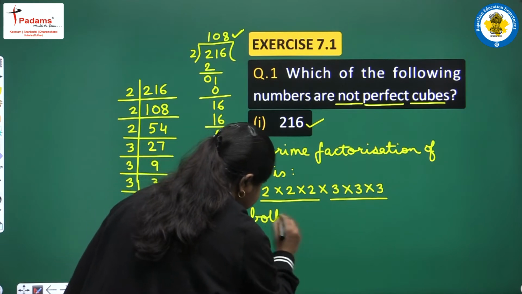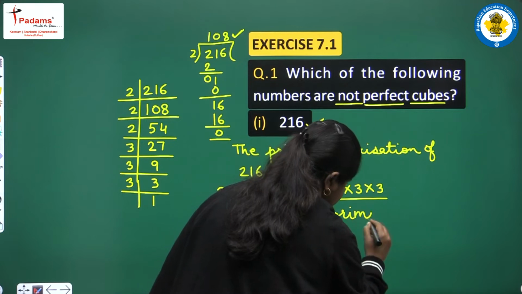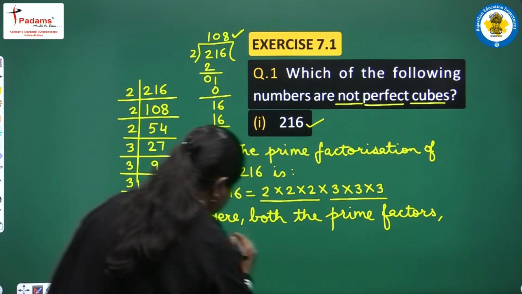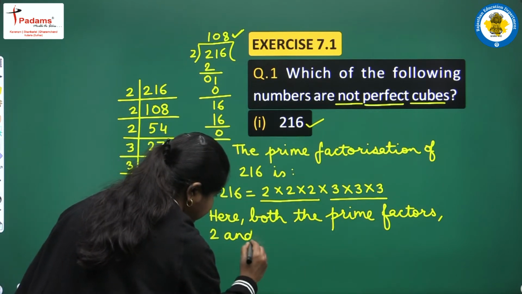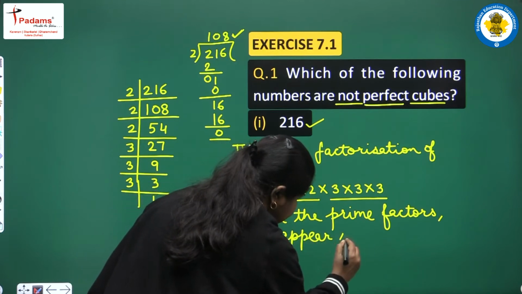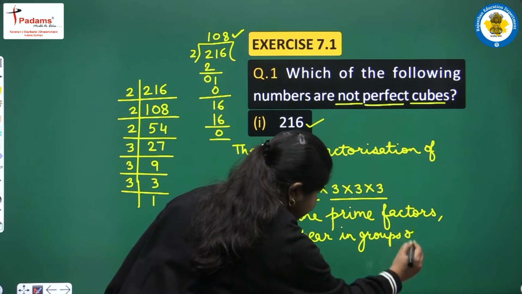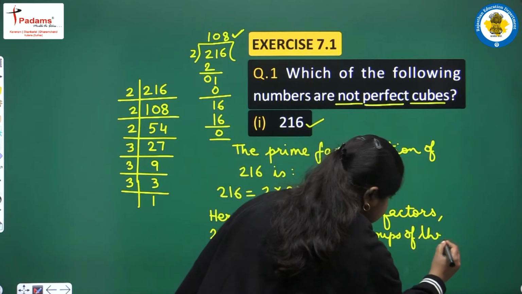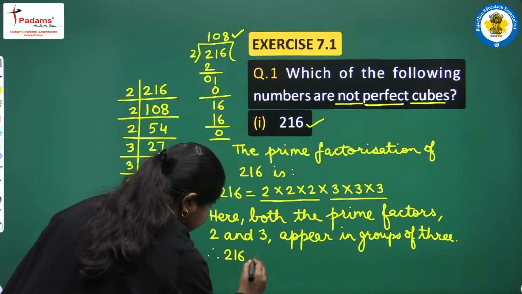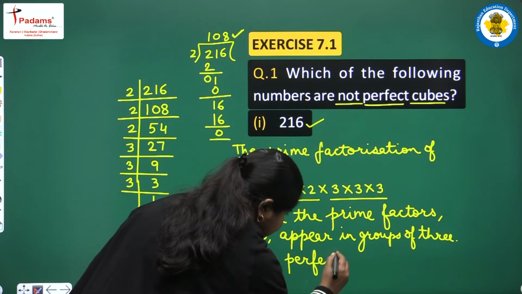Both the prime factors 2 and 3 appear in groups of 3. Therefore, 216 is a perfect cube.